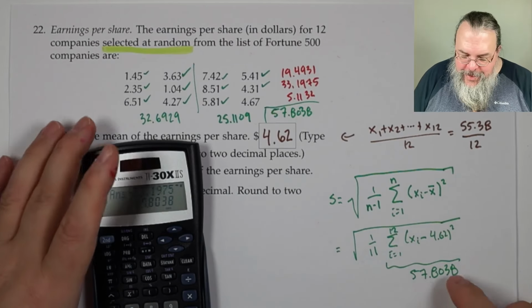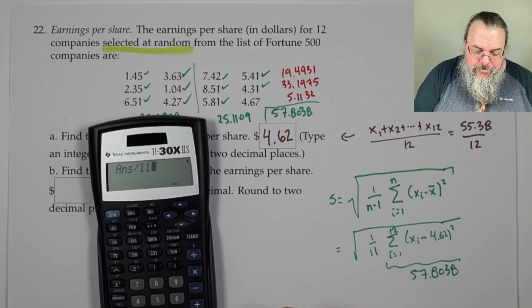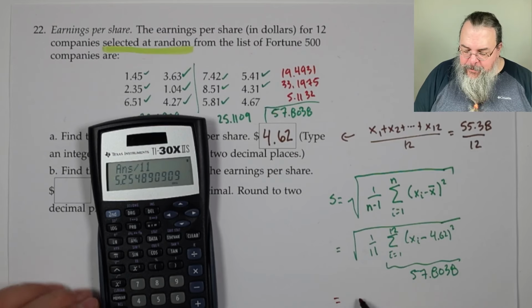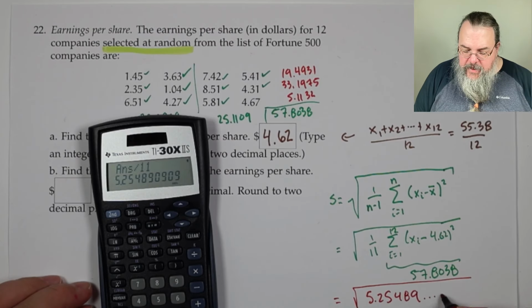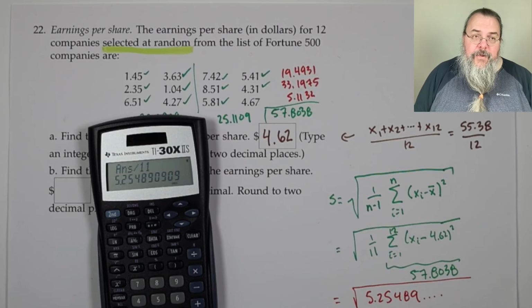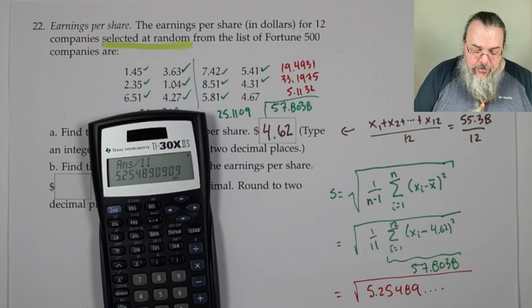What do we need to do with this? We need to divide this by 11. Okay, so after we divide by 11, we have the square root of 5.25489. Now, we only need 2 decimal places, so if you keep a couple extra decimal places, when you take the square root, you'll be good to go.